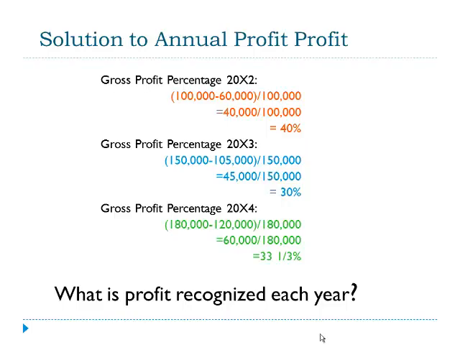So our gross margin percentage in 2003 has declined to 30%, $45,000 divided by $150,000. The gross profit percentage in 2004 is based on its revenues and cost of goods sold, which is $60,000 gross margin divided by 180, or 1/3, or 33.33%.